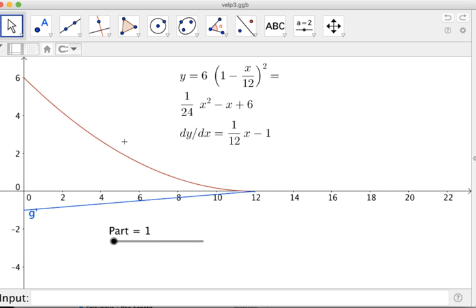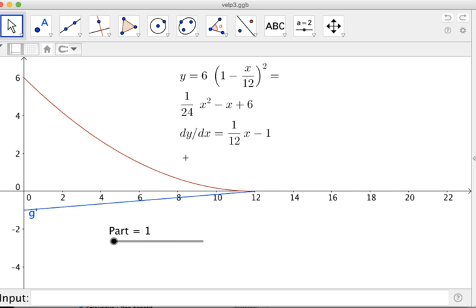If we look at the derivative graph, which is again 1/12 x minus 1, we see that the rate of decrease of the height is changing steadily. It's a constantly changing rate of change, but that rate of change is itself constant, which means we have a constant acceleration or deceleration in this case.